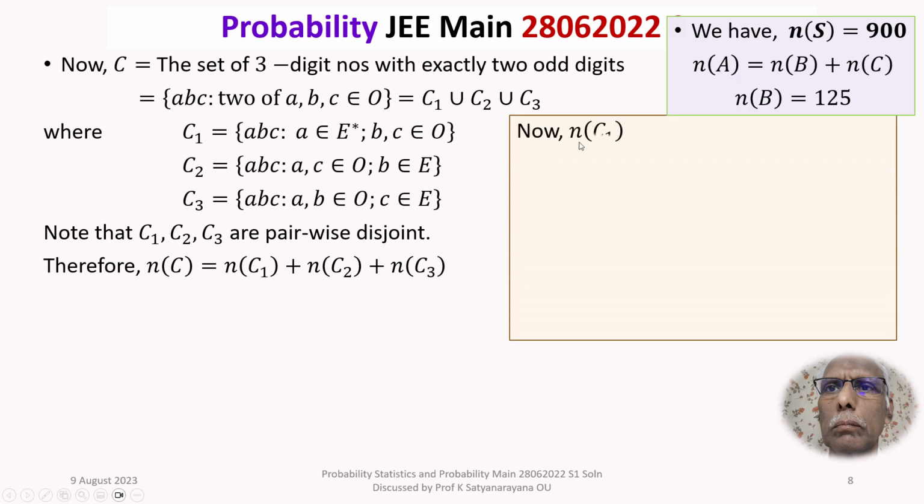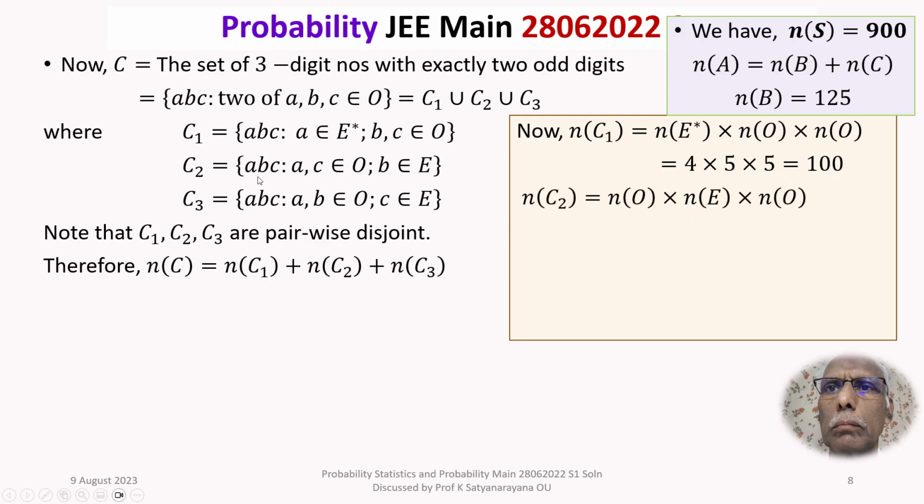Now n of C1 will be: the choices for A is n of E star, the choices for B and C is n of O. So n of C1 is equal to n of E star into n of O into n of O. That is 4 into 5 into 5, that is 100.